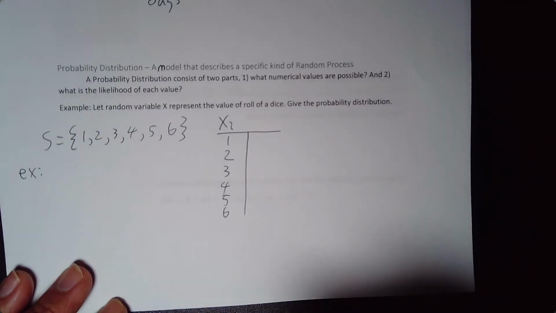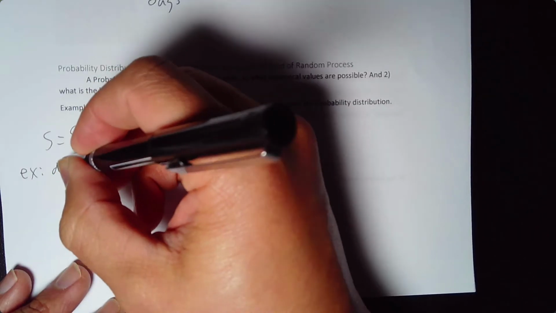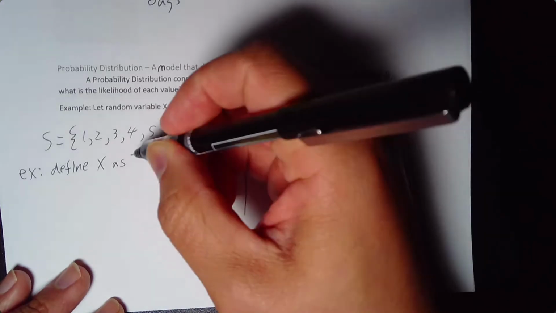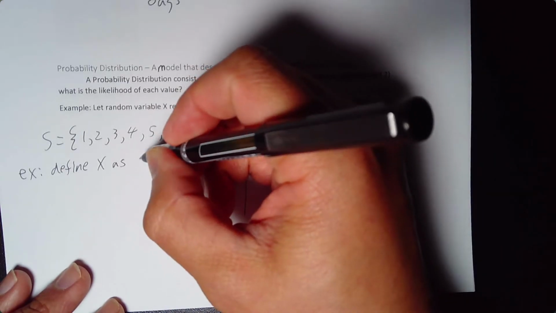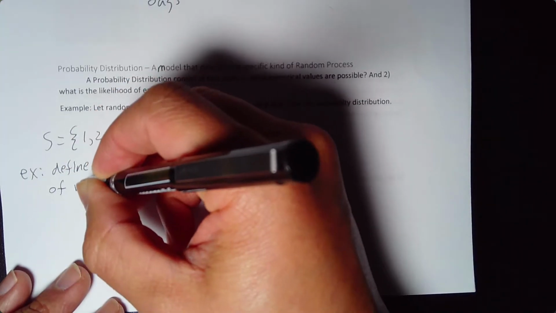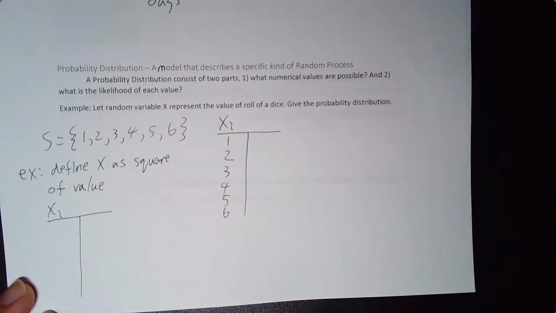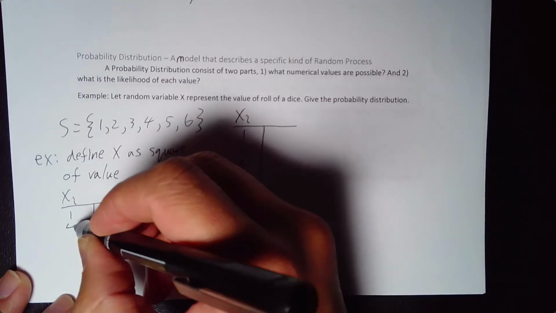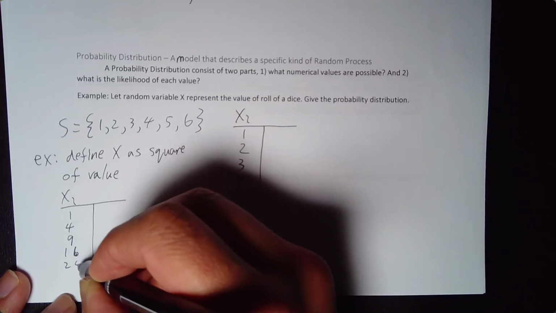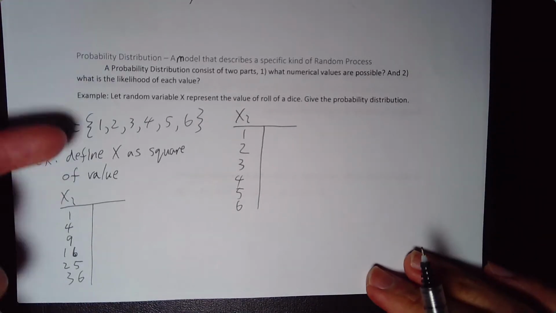For whatever reason, I want to define x as the square of the value of the roll. Then in that case, xi will be 1, 4, 9, 16, 25, 36.